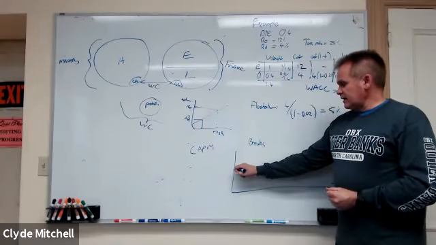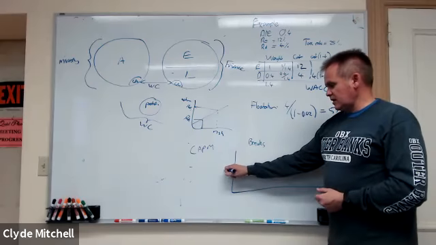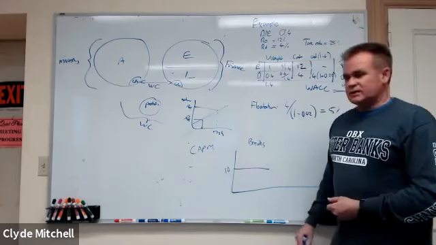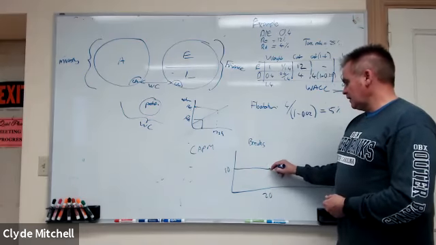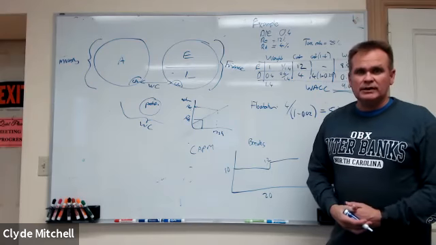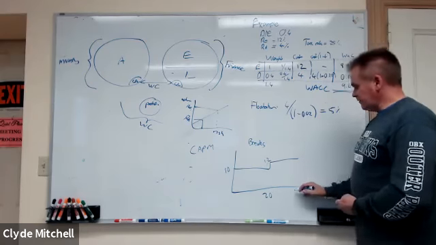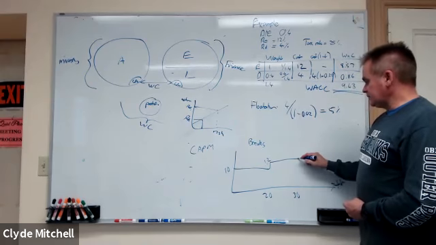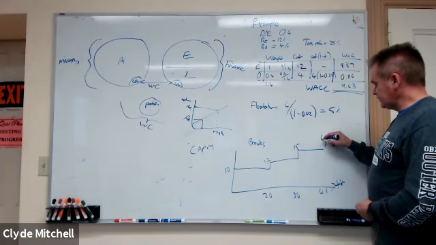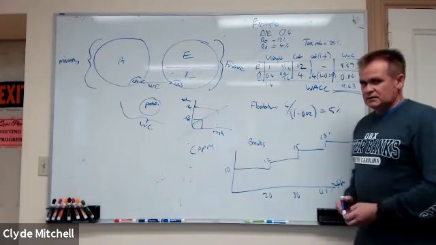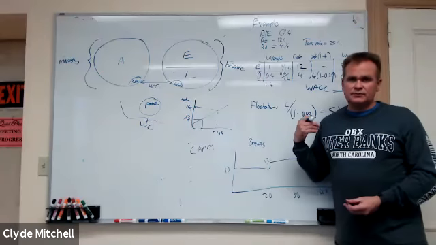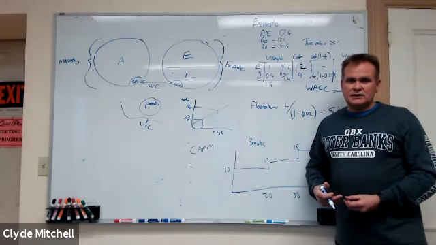If I borrow up to say 20 million, it might cost me an average of say 10%. But then if I go over 20 million, it might jump up to 12% because the lenders see it as more risky. And then maybe if I go over 30 million, it's going to jump up to like 15%. And then over 40 million, it's going to jump up to 18%. These changes at certain thresholds are known as breaks in the weighted average cost of capital.